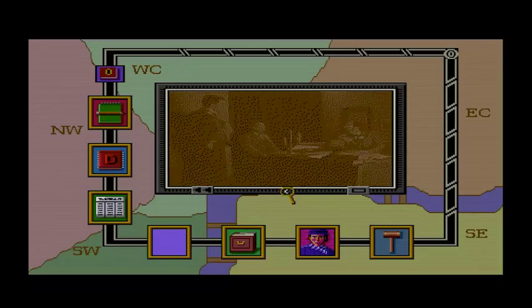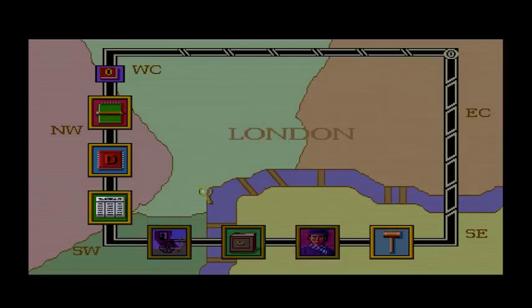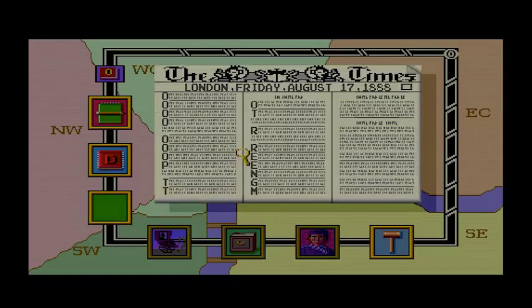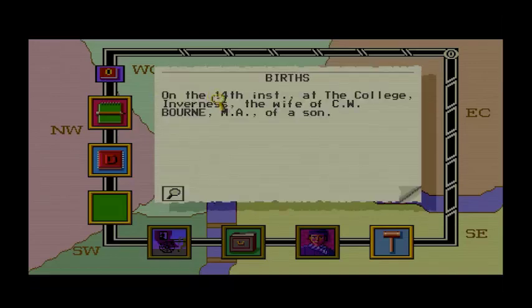Okay. Maybe this could help me here. Well, it says for information, read the London Times.